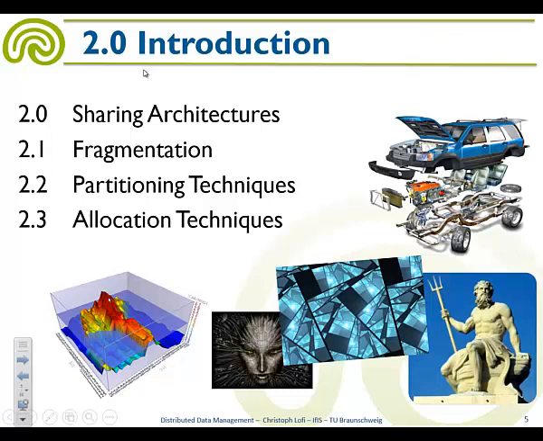Good. This lecture, we will cover sharing architectures. So that's basically, we will discuss how systems can be classified into different sharing levels. Because what we're doing in all the lecture is we have the assumption that we have a data management system using multiple nodes, right?